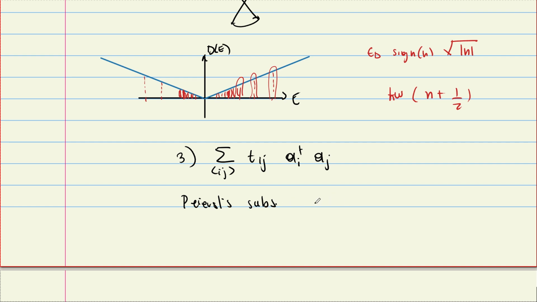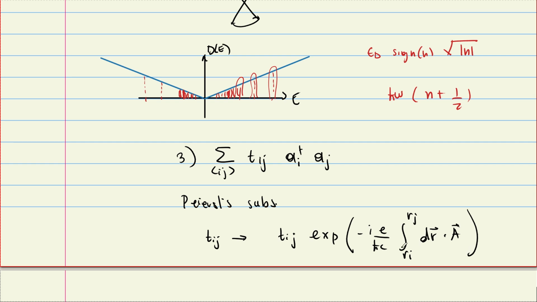In the Peierls substitution, what we need to do is T_ij should go to T_ij times, does anybody remember? There's some vector potential: exponential of minus i, e over h bar c, integral from R_i to R_j of dr dot A. And this is going to give us a tight binding model independent of Dirac cones, and we'll also do that at some point.